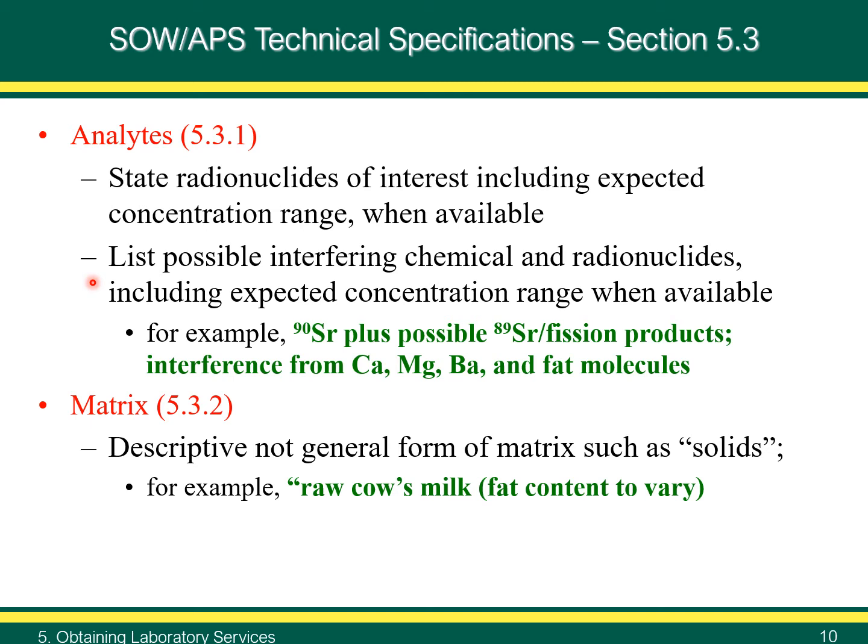It should also list possible chemical and radionuclide interferences, including their expected concentration range when available. For example, we could designate strontium-90 plus possible strontium-89 and fission products, along with interference from calcium, magnesium, barium, and fat molecules.